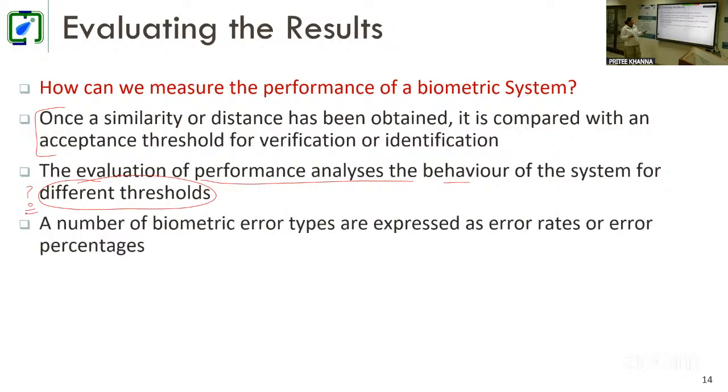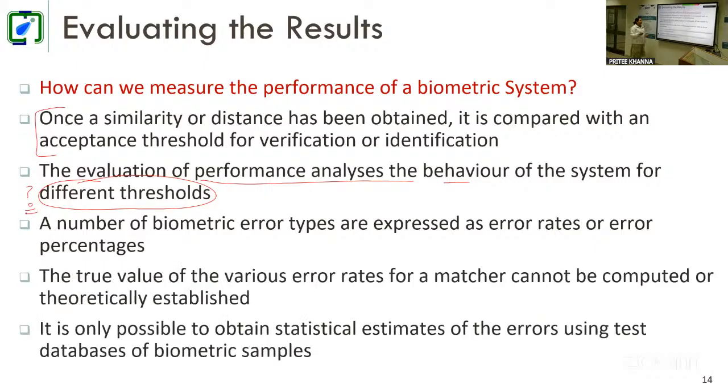Now remember, there are a number of biometric error types, or error percentages. The true values of these various rates cannot be completely obtained or established, but we can obtain statistical estimates of the error.